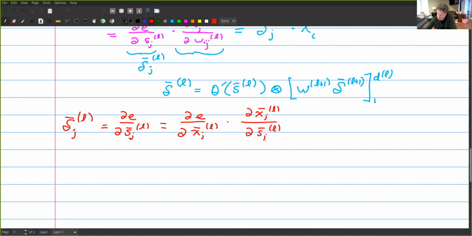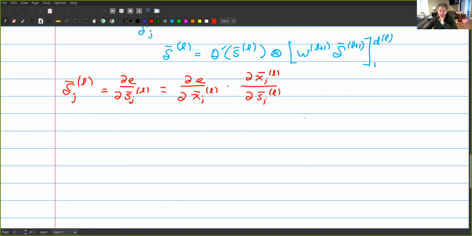Okay. So one of these is easy to compute, and it's this one. So you know that XJL is basically just theta of SJL.